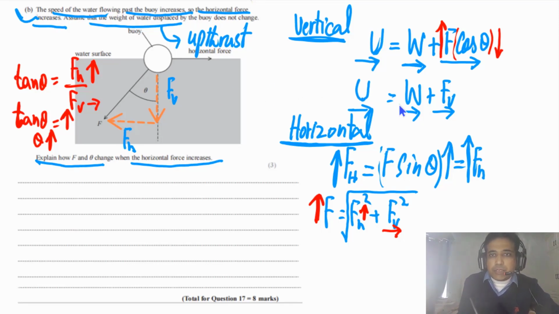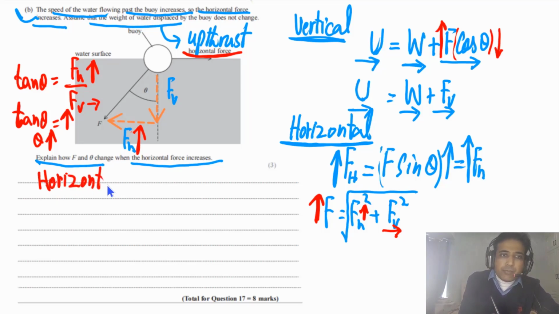So first thing we can say, horizontal component of force increases. This component of force increases because it is given to us that this component increases. If this one increases, this one also has to increase. So we can say horizontal component of F increases.